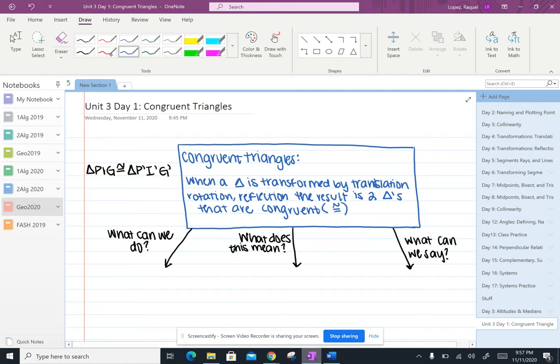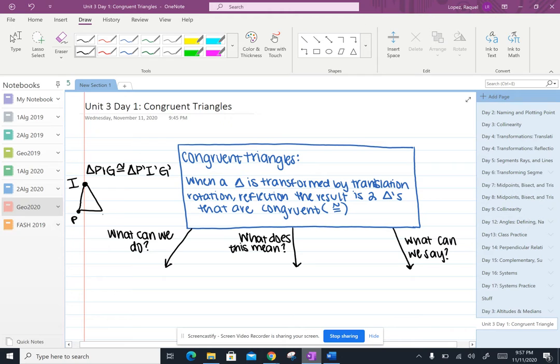Okay, so let's say we have the statement triangle PIG is congruent to triangle P prime, I prime, G prime. So let's go ahead and just quickly draw a picture of both of these triangles.